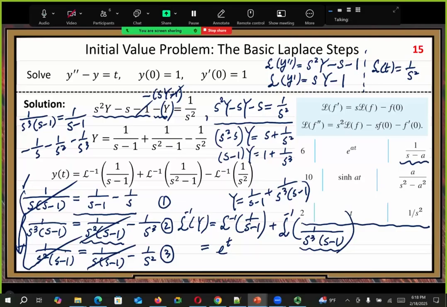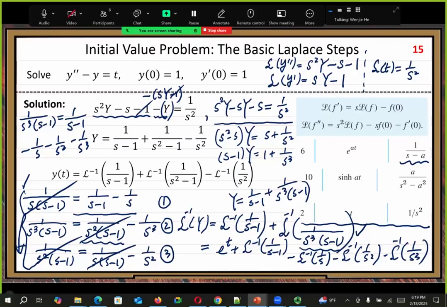After that, let me write one more step. So this last term, the second term, inverse Laplace of 1 over S minus 1, then minus inverse of 1 over S, minus inverse of 1 over S squared, minus inverse of 1 over S cubed.